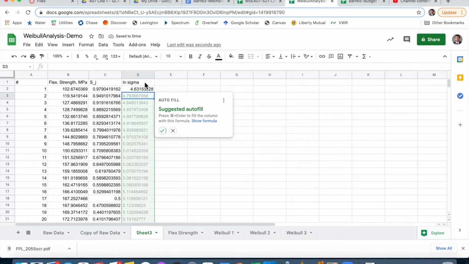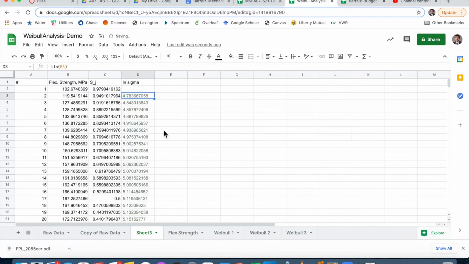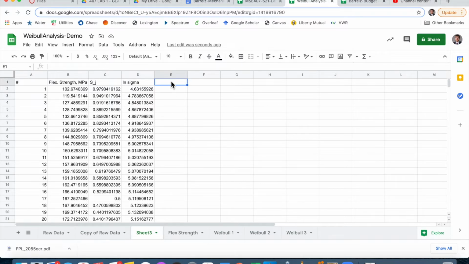It doesn't have units inside of a natural log, and then I autofill so that I can calculate all the values. And then negative natural log 1 over S. It doesn't like you to put negatives in titles, so I'm going to put a quotation here, and then call it 1 over S, and S sub J to be more straightforward.